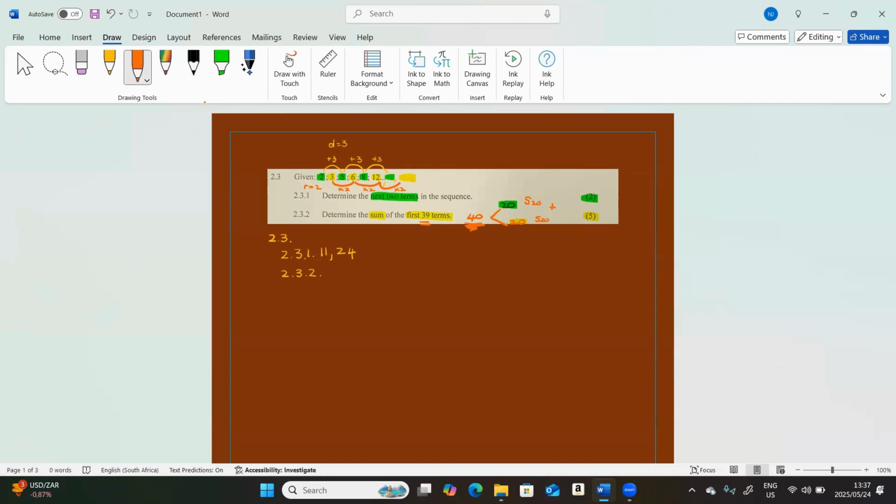Can you see that every even term, 2, 4, 6, so the 40th term, would have been a yellow term? And they are not asking us for the sum of 40 terms.